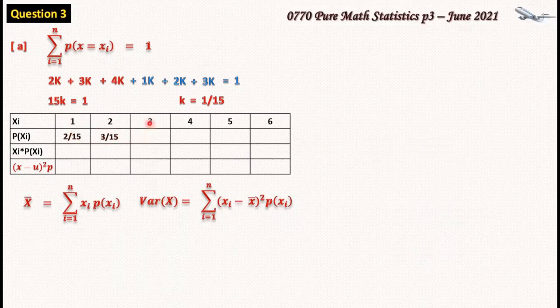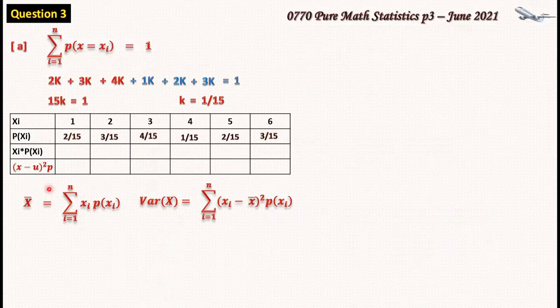When x is 3, we have 3 plus 1, 4 times k, so 4 on 15. Now when x is equal to 4, we are using the other function: 4 minus 3 is 1, and 1 times k is 1 on 15. When x is 5, 5 minus 3 is 2, and 2 times 1 on 15 is 2 on 15. And with this one, you have 3 on 15. So these are the probabilities which we are going to use.